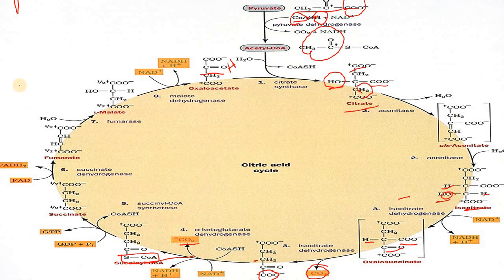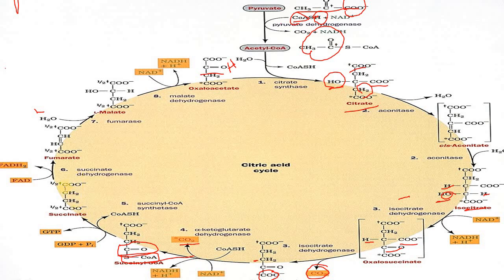Here, the CoA group is now removed, eliminated as CoASH, and this keto group which was present here is further oxidized, resulting in the formation of an acid. This acid is called succinate.